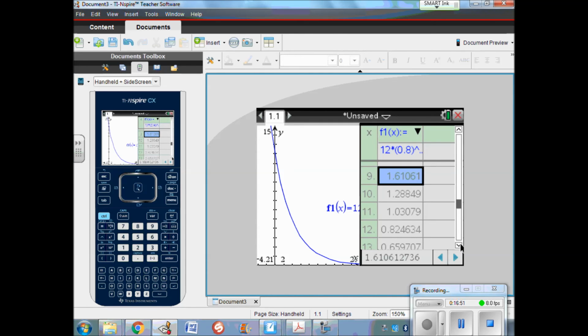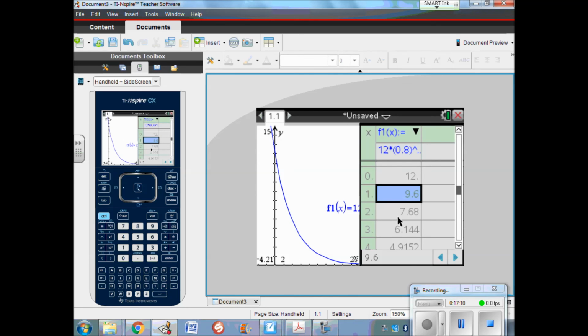Let's look here. So now remember, this is what is drained. At time 0, we have 12 feet in the pool. At t equals 1 hour, we got 9.6 and then 7.68.